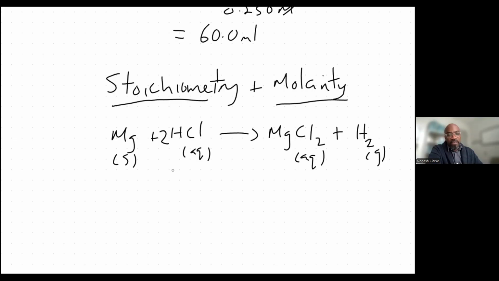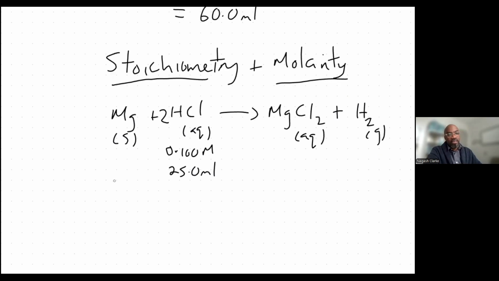So if I'm given 0.100 molar, and I'm given 25.0 milliliters, and I'm also given, let's see, 10 grams of magnesium. The question is, how many grams of H2 am I going to get?